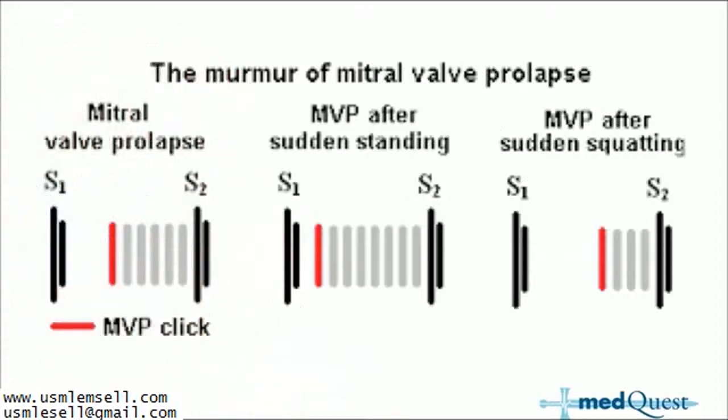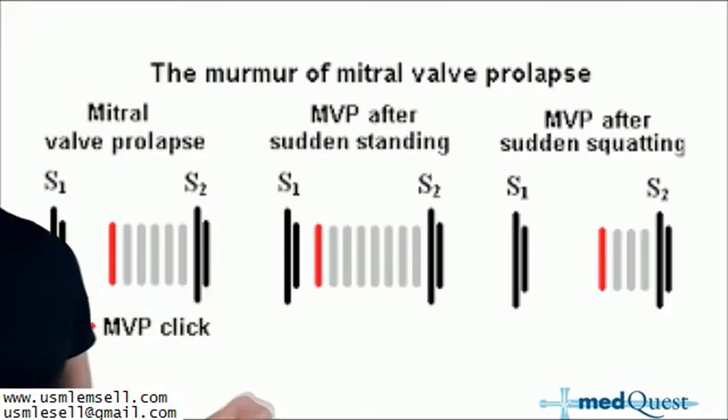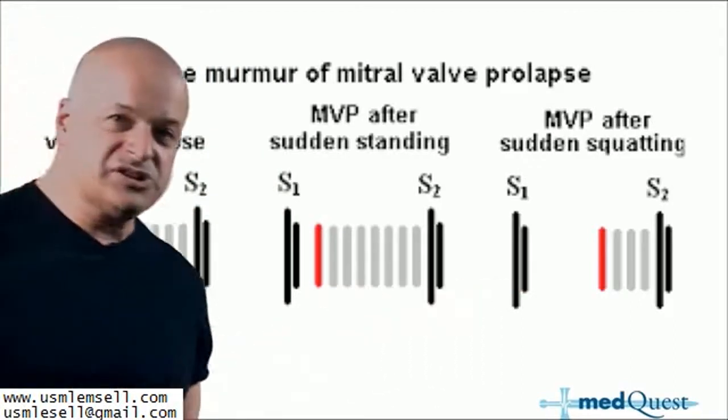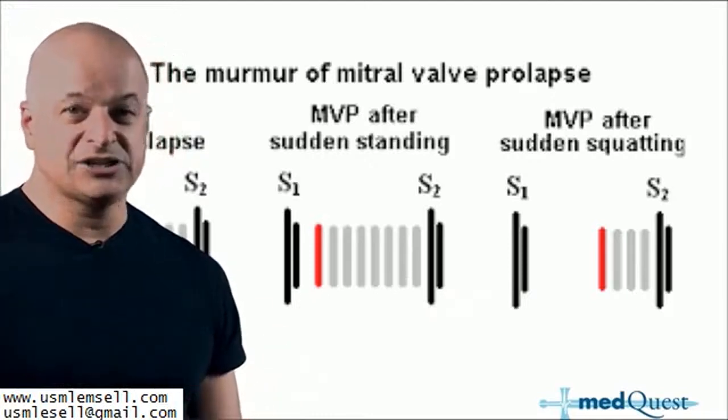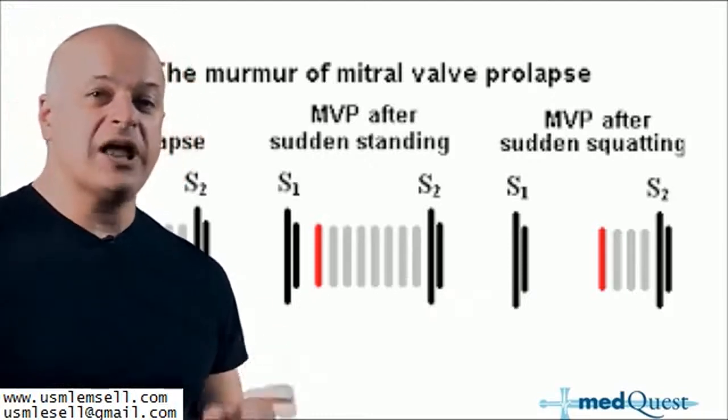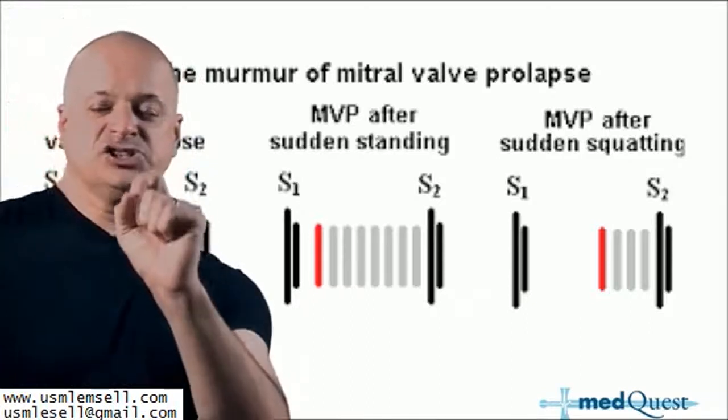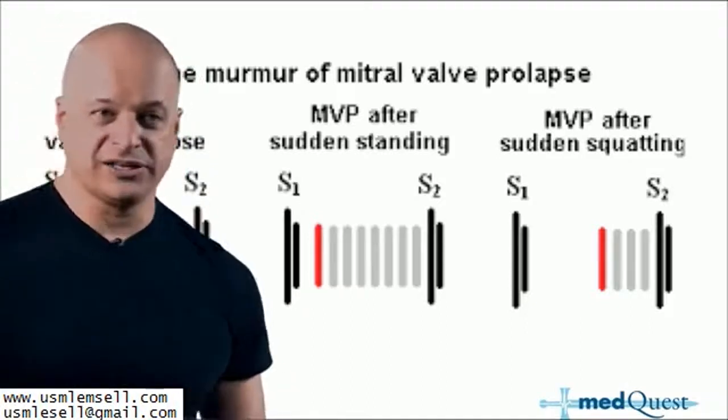And this is a fantastic picture of the murmur of mitral valve prolapse that basically shows how, when you have a smaller or larger heart, the leaflets change the effect.